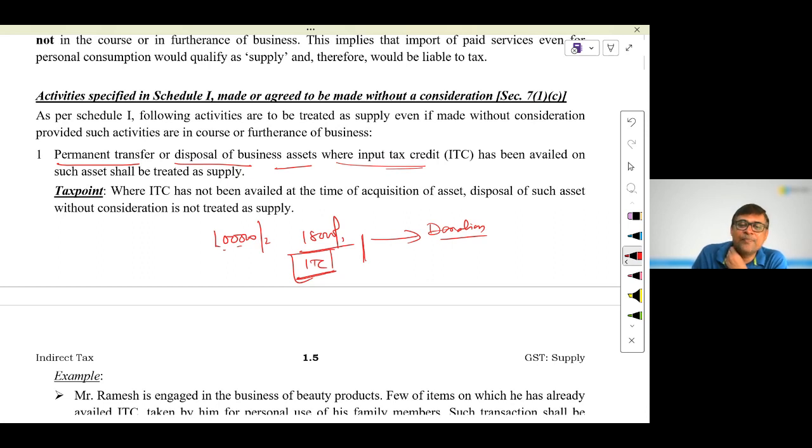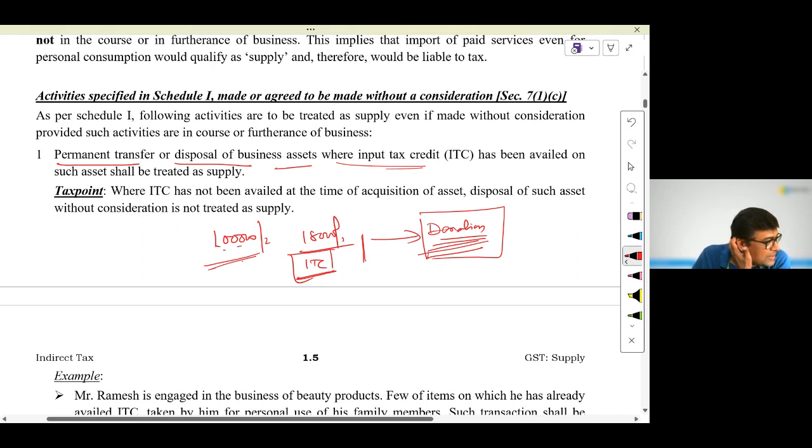Even though it is a donation and there is no consideration, since at the time of acquisition you took the advantage of ITC, input tax credit, this activity is treated as supply. Number one.